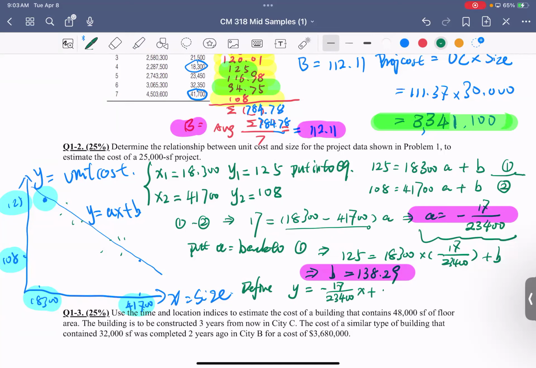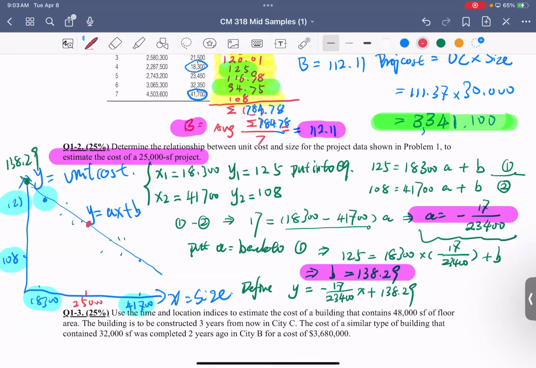And you are going to estimate the cost of your proposed project size. It is 25,000. So the 25,000 will be likely over here, and then you are going to determine this number, right?